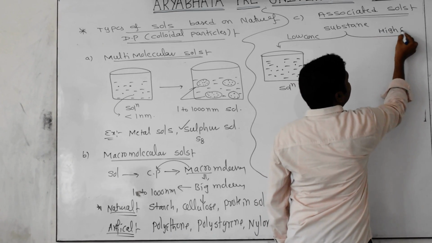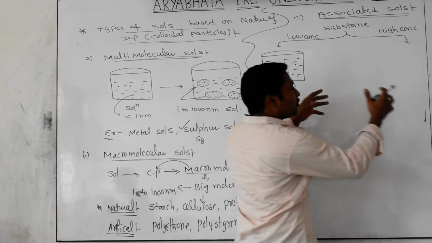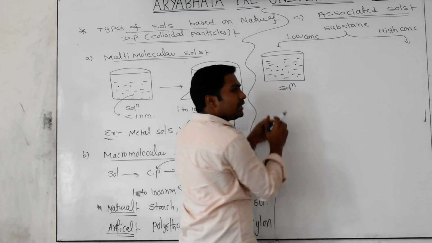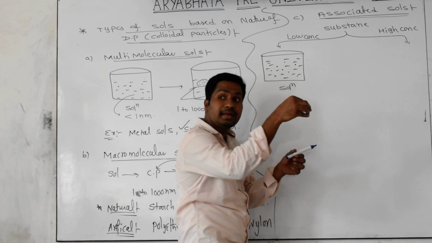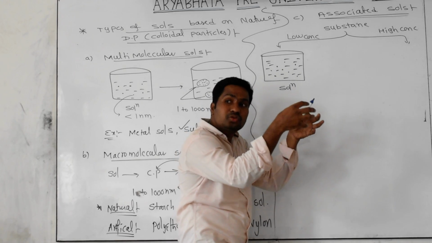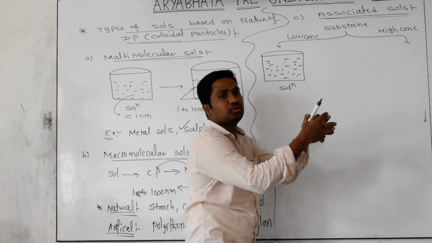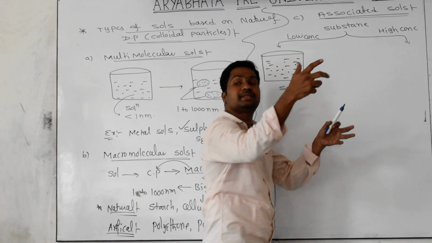What happens? Anybody? High concentration means that in the same unit area, the amount of solute will be more. Automatically the solute particles are close together. Whenever they are close together, what happens? They aggregate or combine together. Combining together means becoming a bigger sized particle.